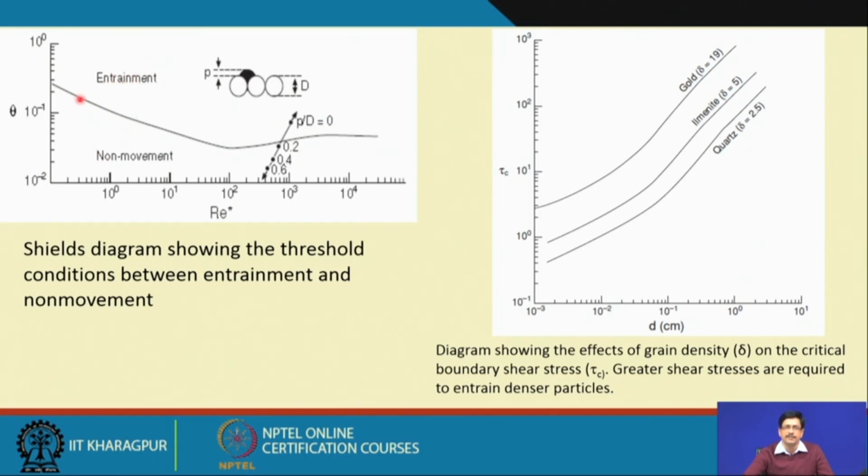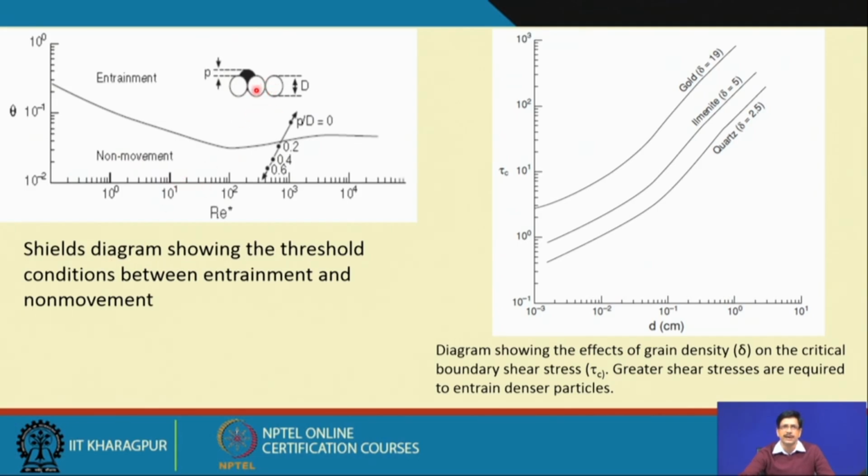If the Shields parameter coming out of the expression we showed just before is lower in value, then there will be no movement. Essentially we have to see at what condition a particle moves from its position of rest and is taken by the transporting medium, and this shows the threshold conditions between entrainment and non-movement.